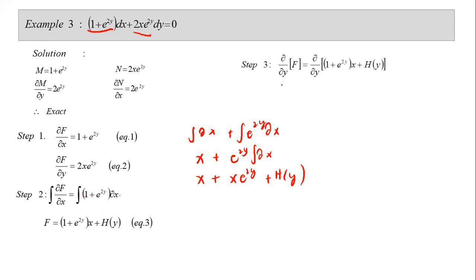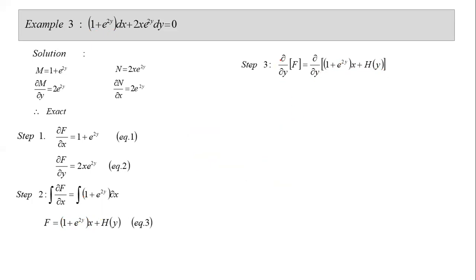And then step 3, you differentiate this, okay, partially with respect to y. Okay, we shall have df/dy equals, you just copy x, okay, so x, since that's constant, derivative of 1 is 0 plus derivative of e to the 2y with respect to y is 2e to the 2y.